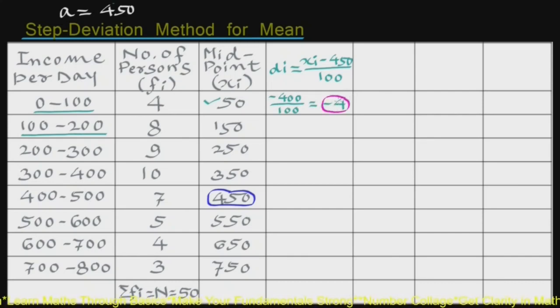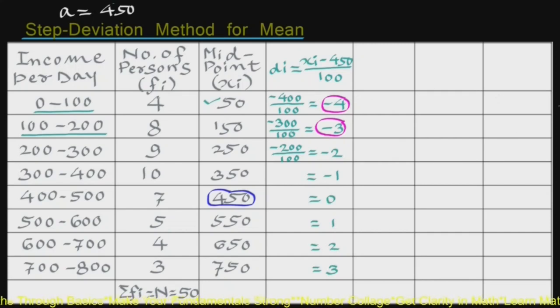Just minus 4. Next, 150 minus 450 is minus 300 upon 100, which is minus 3. Again a reduction in the number. Going like this, minus 200 upon 100 is minus 2, then minus 1, 0, 1, 2, 3.